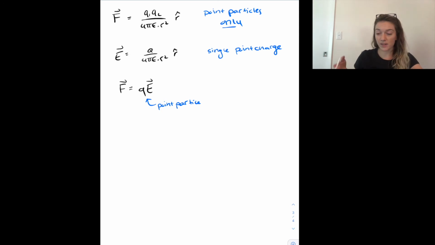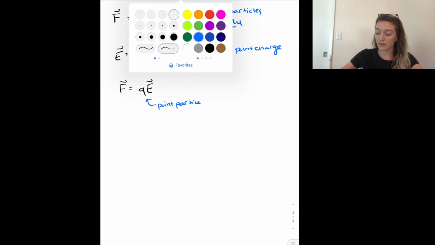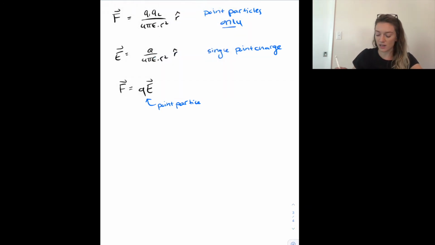Now, there are very similar equations for electric potential and electric potential energy. So the electric potential energy associated with a pair of point charges looks almost exactly the same as Coulomb's law, except it's a scalar, right? There are no vector quantities here, and I have only 1 over r in the denominator, so there's no r squared here.